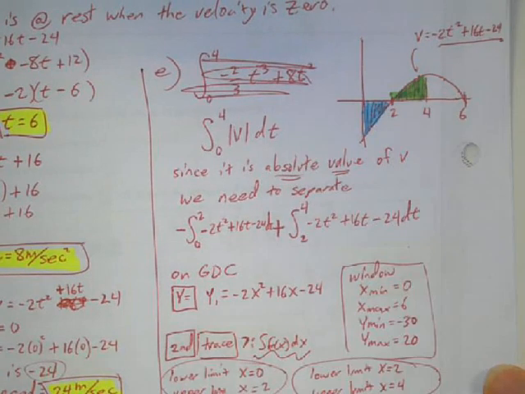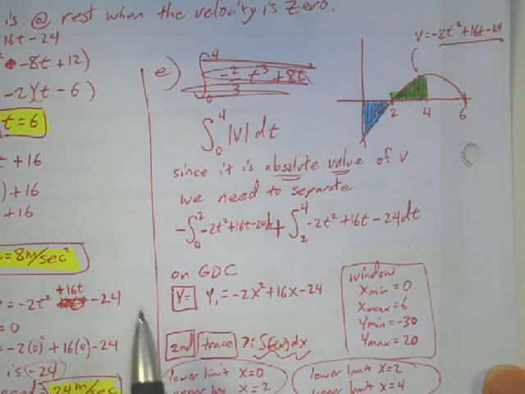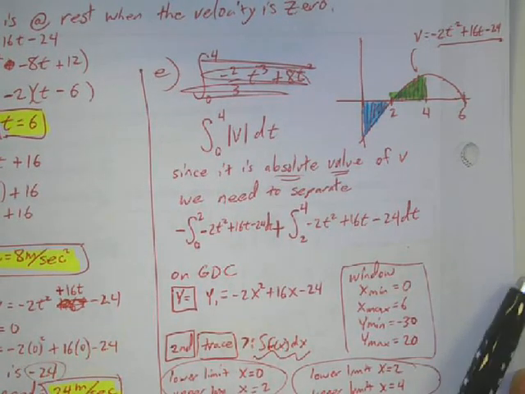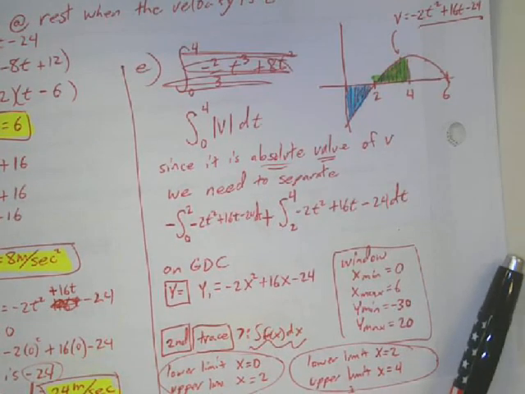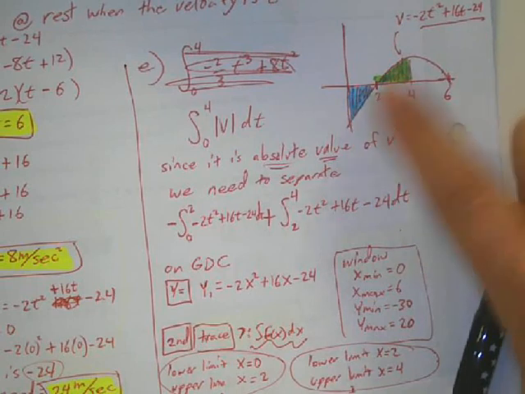So if you just typed in the integral, by the way, the calculator will do the integral for you. If you hit second and trace and go over to 7, that will give you the integral. But that's going to give you the wrong answer, because this part's negative and this part's positive, and it's actually not going to add them together.